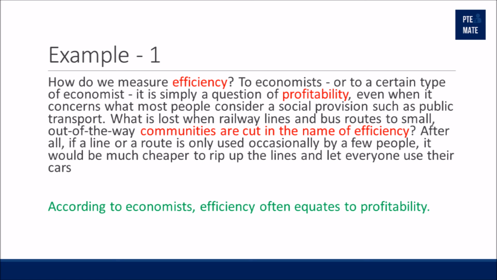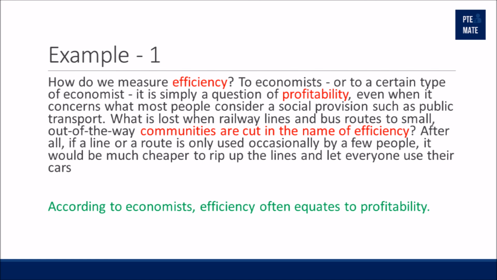Now, when you're starting, obviously you will not go directly stating it as I've stated here. You would say, according to the lecture, or the speaker in the lecture says that, according to economists, efficiency often equates to profitability.